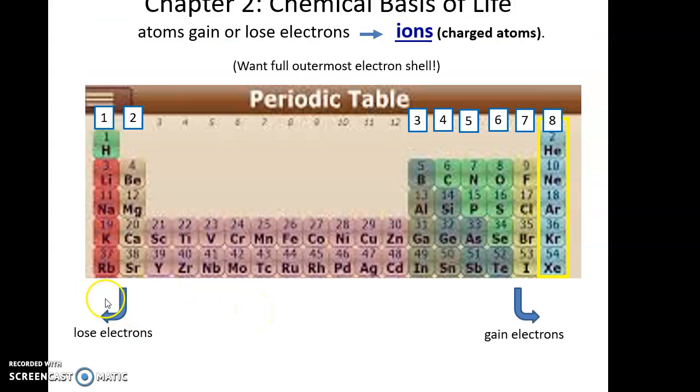All right. Elements that have only 1 or 2 electrons in their outermost shell tend to lose those electrons. And elements in columns 6 and 7, where they have 6 to 7 electrons in the outermost shell, tend to gain electrons.